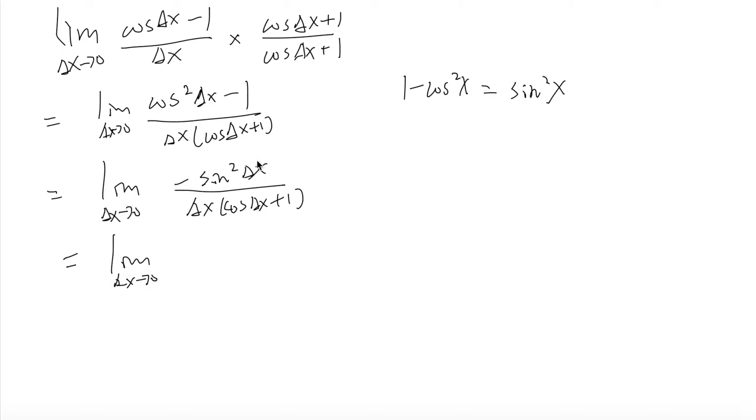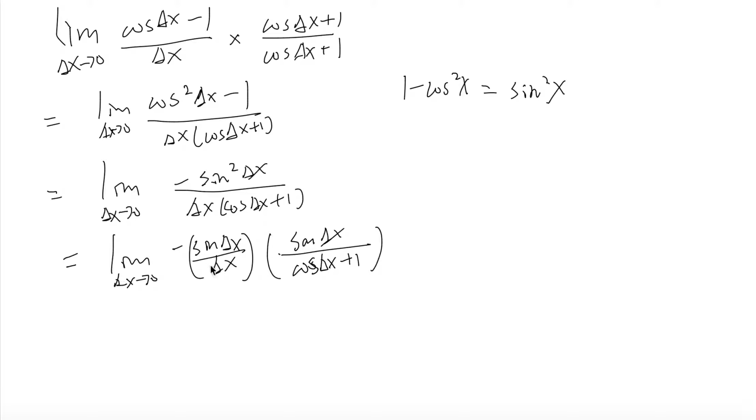What you should do is split this square into something like this: negative sine delta x over delta x, and another sine delta x, because we got a sine square delta x here, another sine delta x over the last part of the denominator, cosine delta x plus 1. Now does this limit exist or not?